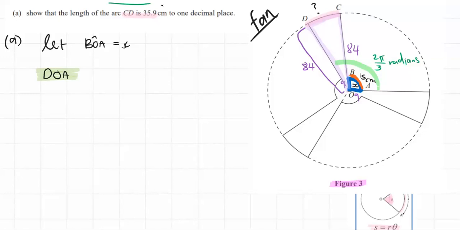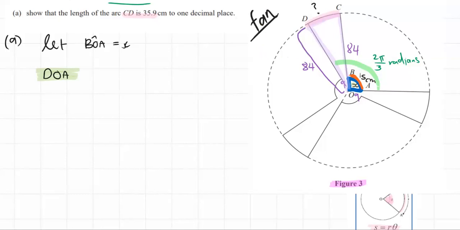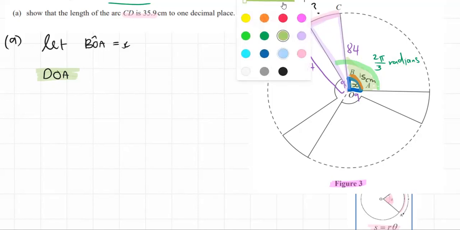2 pi over 3 radians. If we take DOA and we minus our x from it, so our x is over here, running out of colors, make it yellow. So that's our angle x. And we minus this angle from it, we'll be left over with the angle we want in order for our proof to work, which is here.